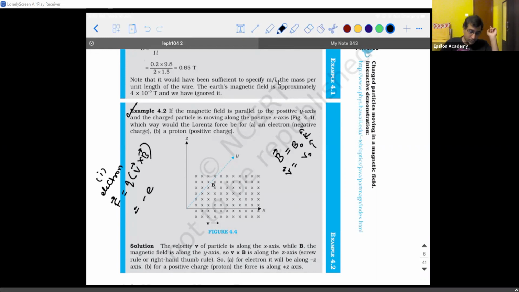So for the electron it is minus E into what is V vector? It is V naught I cap, and B vector is B naught K cap. So it is going to be minus E V naught B naught into I cap cross K cap. So what is I cross K?